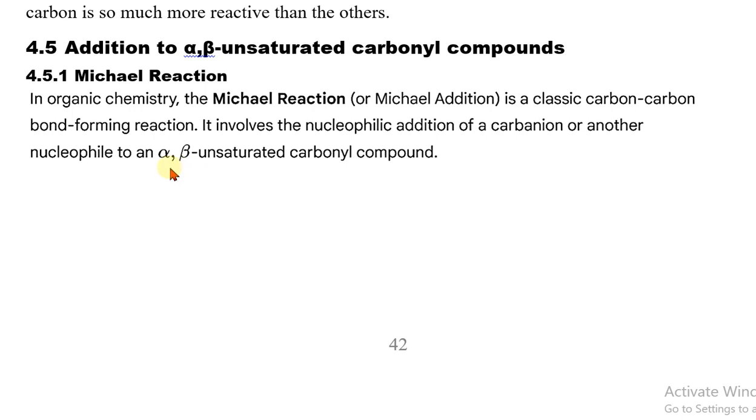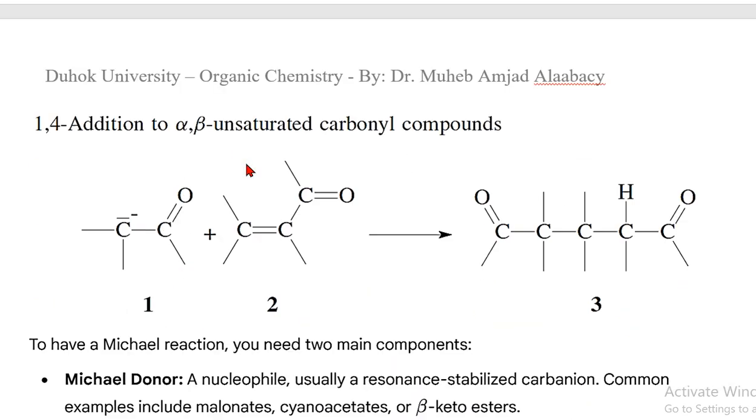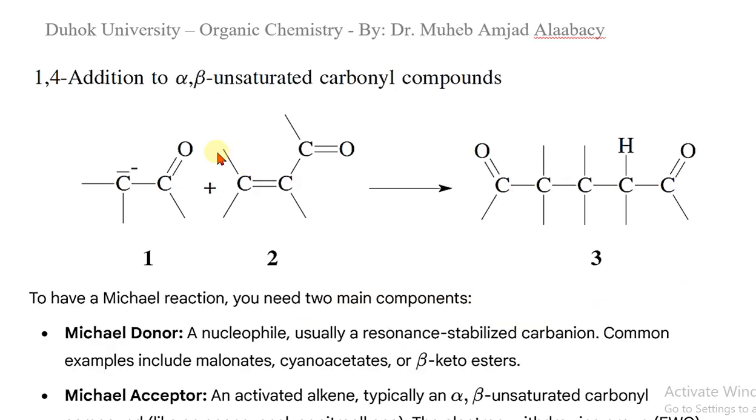This is the system for the carbanion. It will be added to the alpha-beta unsaturated carbonyl compound. Now, 1,4 addition to the alpha-beta unsaturated carbonyl compound: the carbanion will be added to this 4-atom system. All 4 atoms are related to this addition with the carbanion.